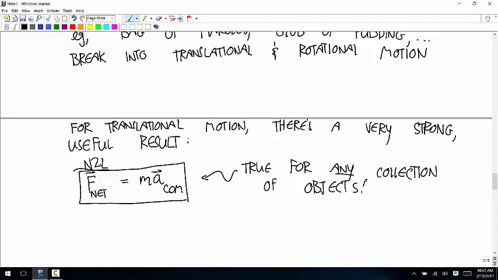I mean, if you have 1,000 marbles in space and you get them all moving and they crash into each other and do all this stuff, what's going to be the acceleration of the center of mass? After you let go of them, it's going to be 0. So that's a strong statement, and a stronger statement than you might expect to be able to make without knowing anything about the type of object.